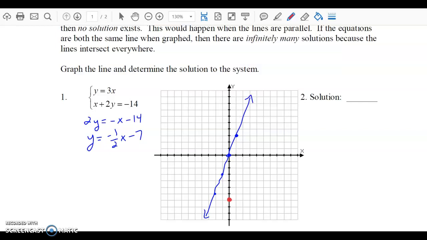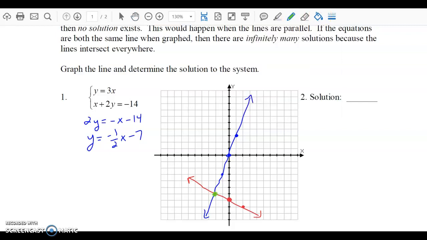Go down 1, right 2. We can see that it's going to intersect actually to the left in the third quadrant, so we'll go up 1, left 2. Draw our line. And our solution will be where they intersect.